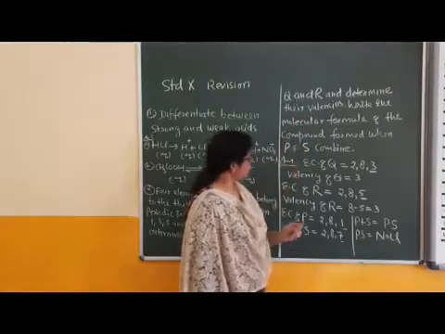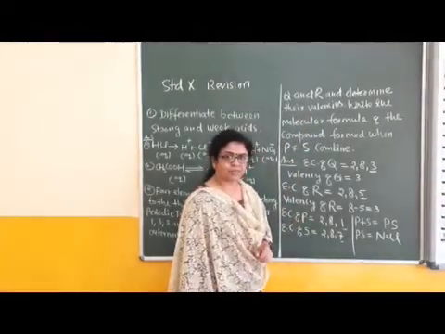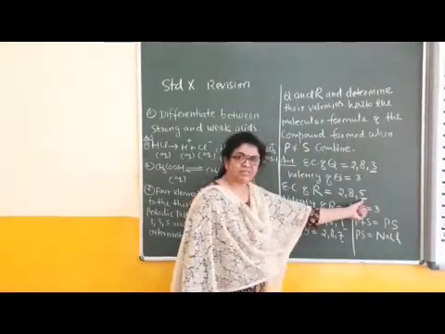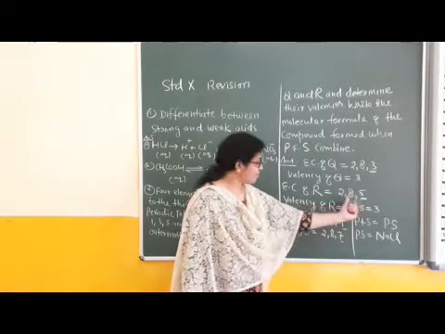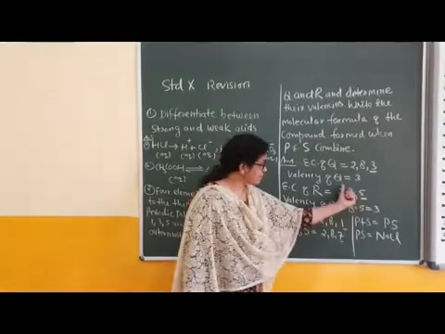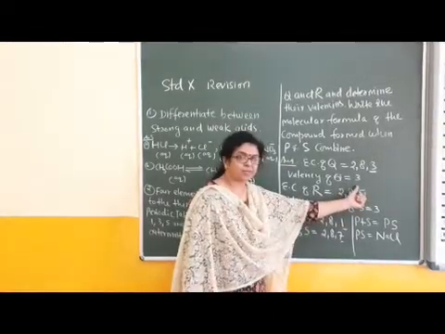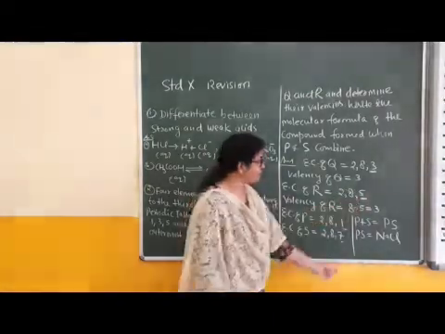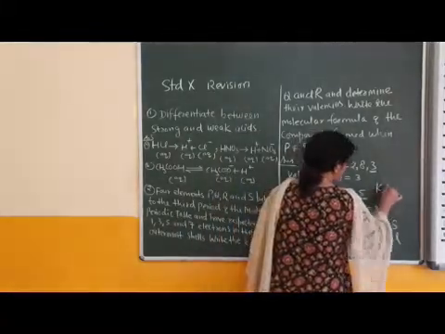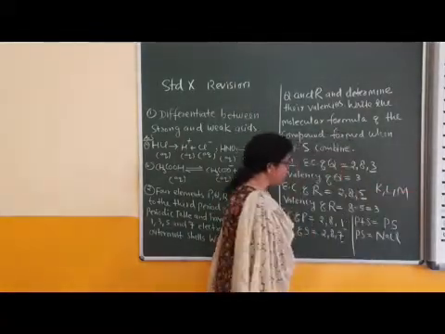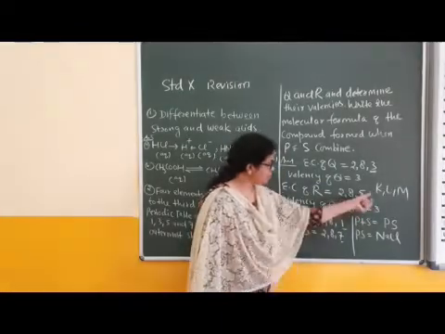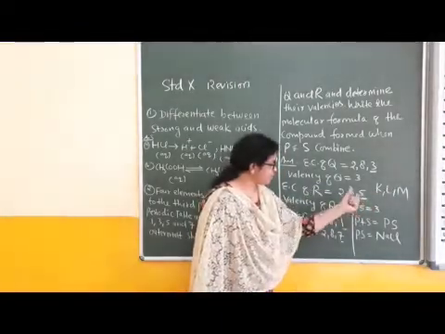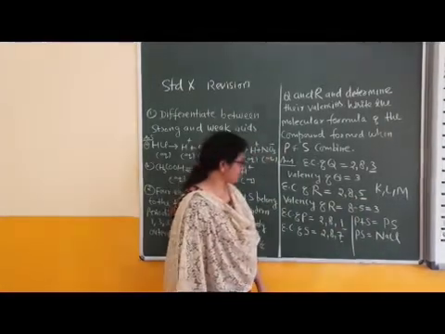Second element is R. 5 valence electrons are present in the last orbit. The shells present are K, L, M. In the M shell, 5 electrons are present: in K, 2; in L, 8; and in the M shell, 5 valence electrons.